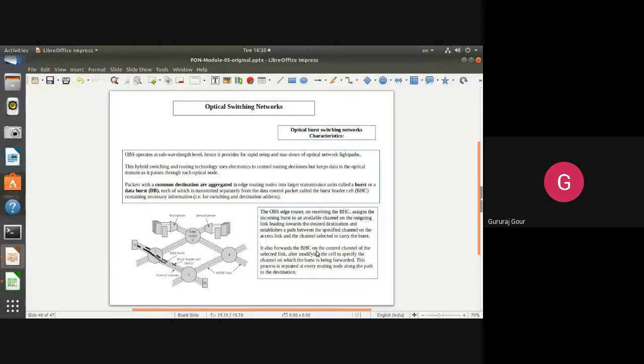It also forwards the BHC, that is a burst header cell, on the control channel. Here you can see the control channel on which the DB is coming, after modifying the cell to specify the channel where the burst is being forwarded. These two steps are repeated for every routing node along the path to the destination. So it is a cyclic process. This is how the OBS is going to work.